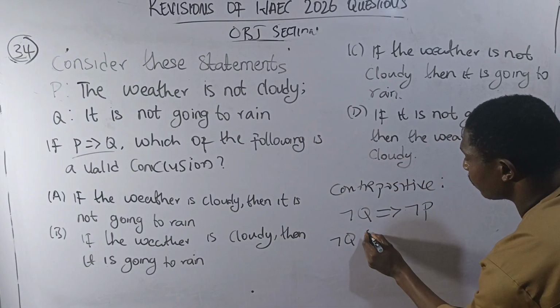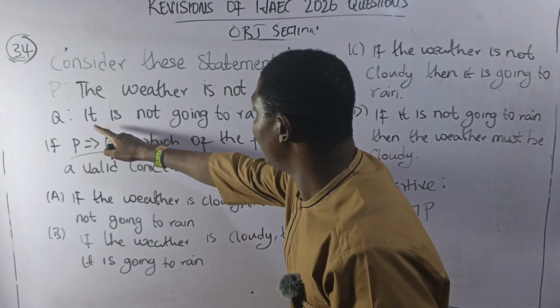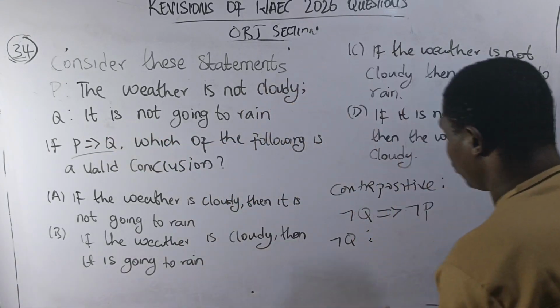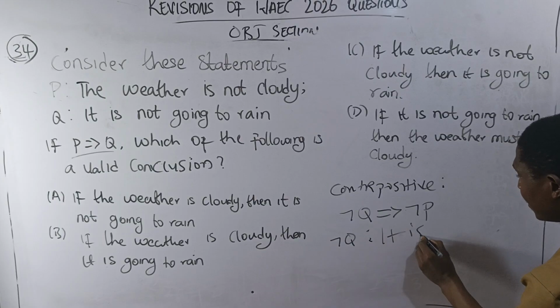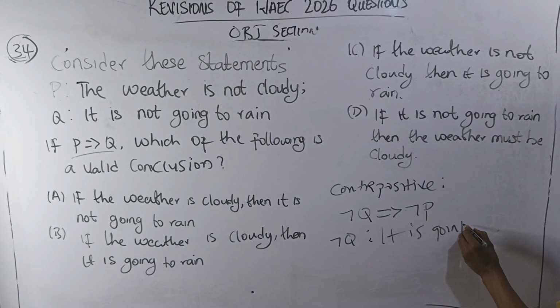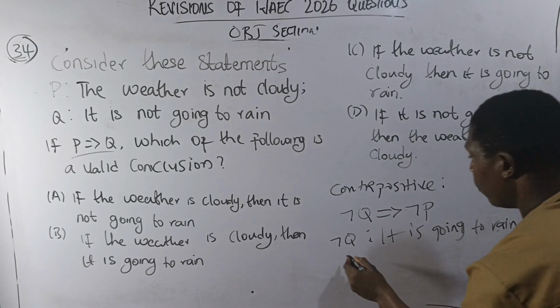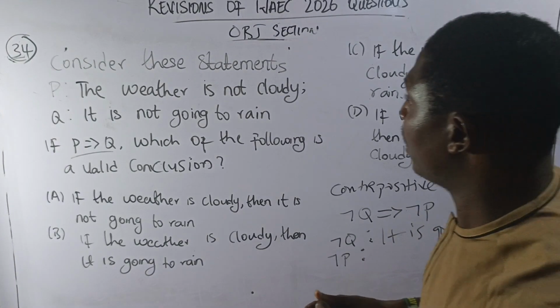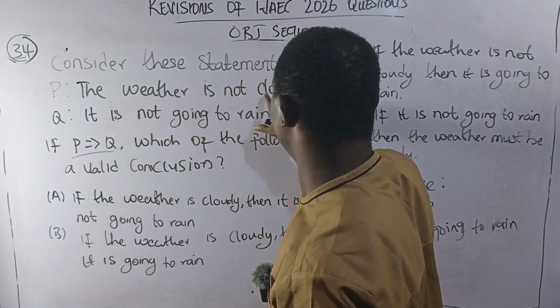So if Q is it is not going to rain, then negation Q will be it is going to rain. Now negation P was, P, the weather is not cloudy.